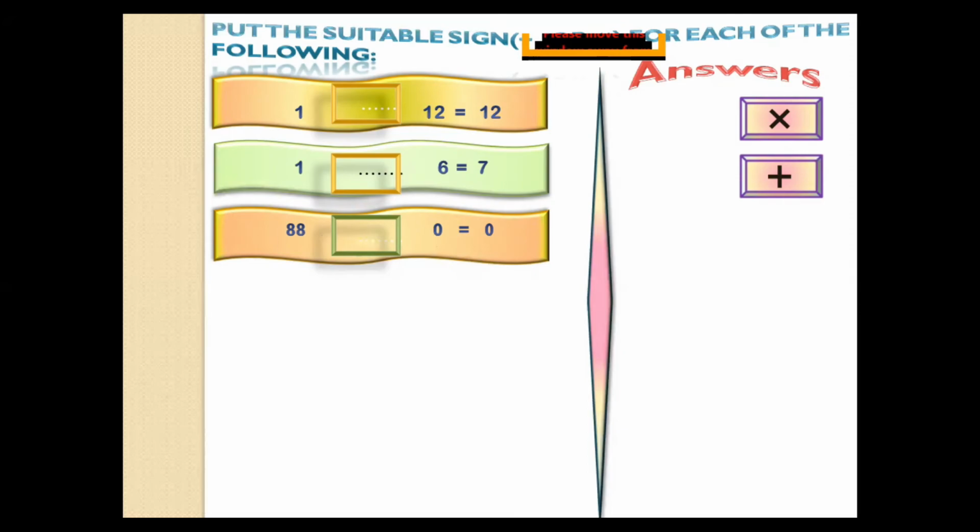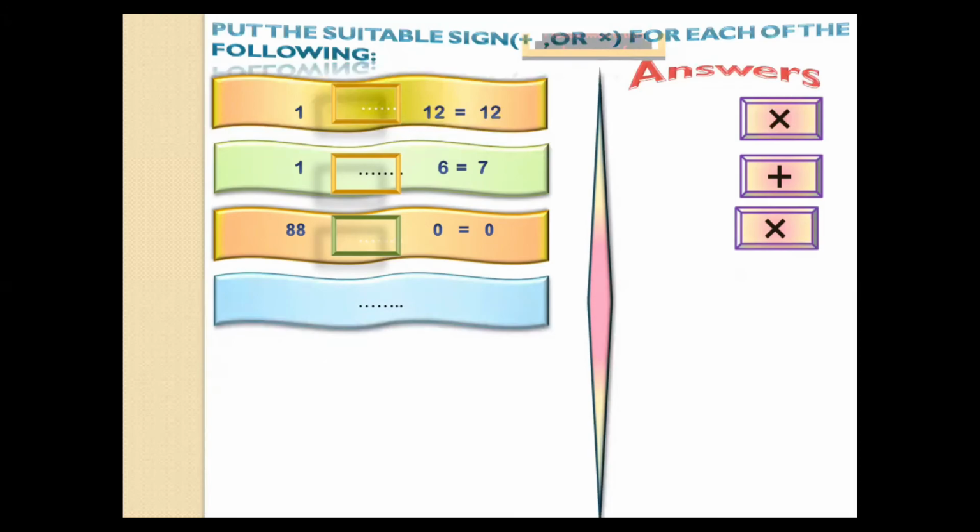Do you remember, when you multiply 0 by any number, the product is always 0. So the suitable sign here is by. 88 by 0 equals 0.